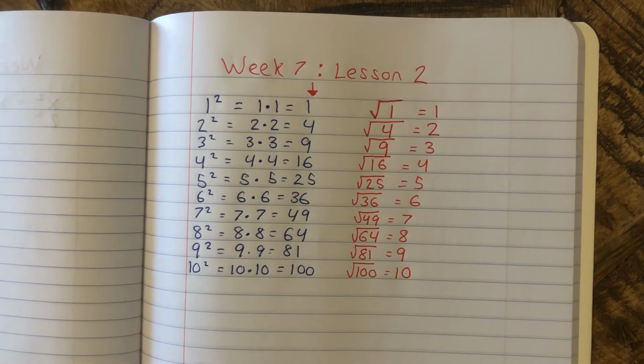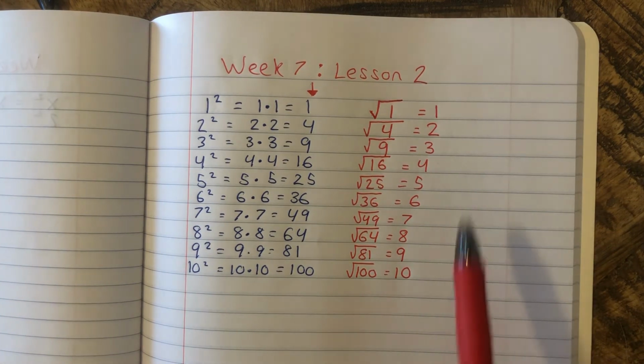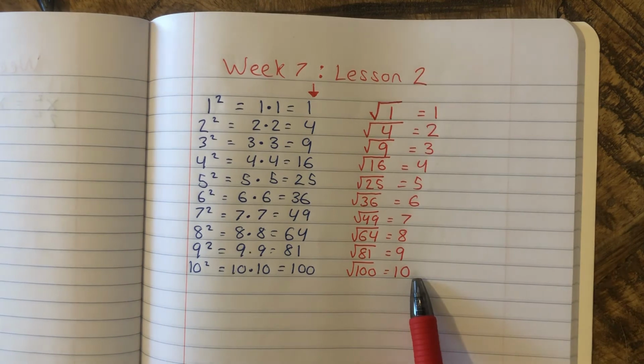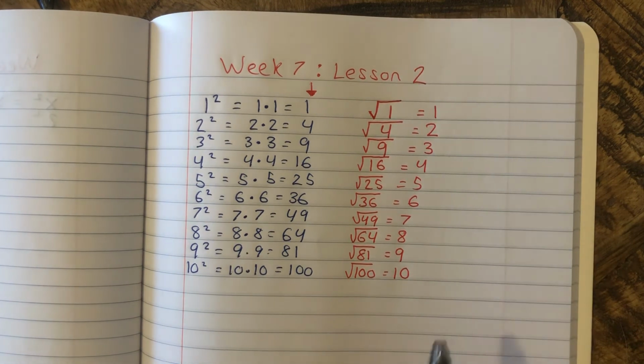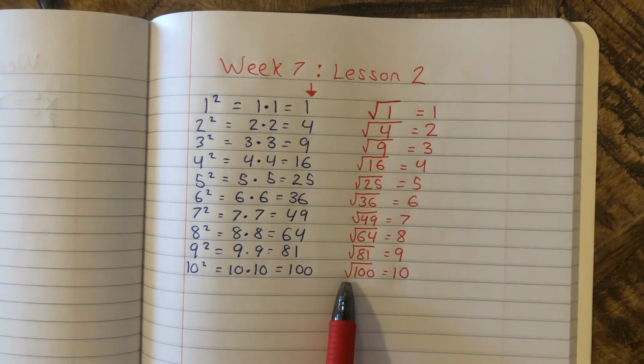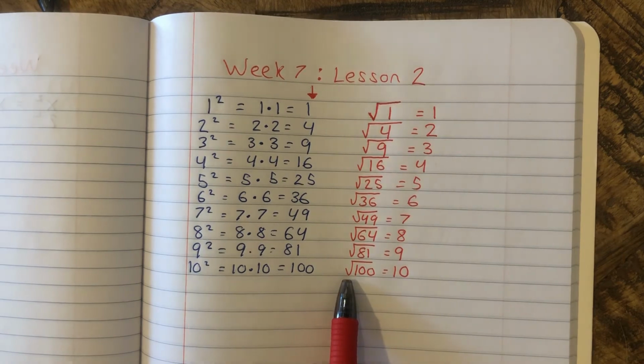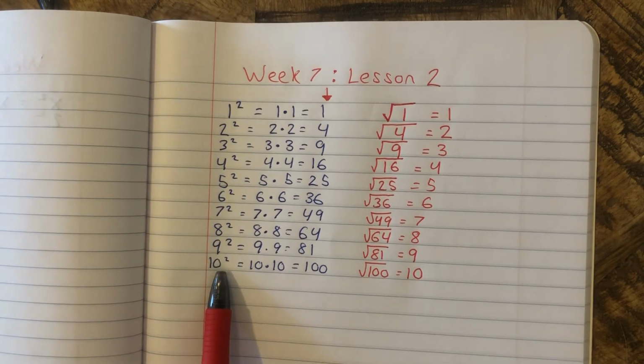And so in this introductory lesson, all we need to know is that these are all perfect squares, and that taking the square root of something is the exact opposite of squaring it.